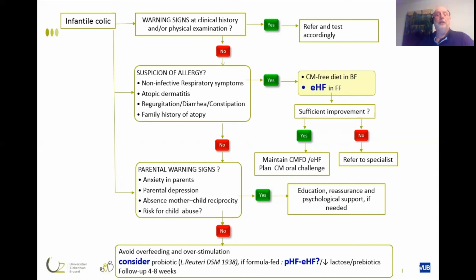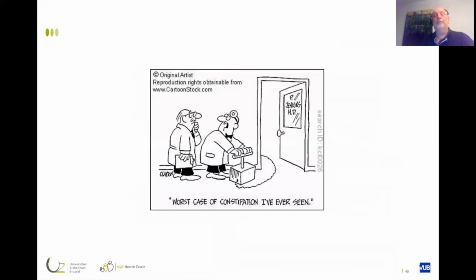If that's absent, then avoid overfeeding and overstimulation. Consider probiotic in the breastfed babies and consider partial hydrolysate versus extensive hydrolysate, reduced lactose, prebiotics or probiotics in the group which is formula fed.